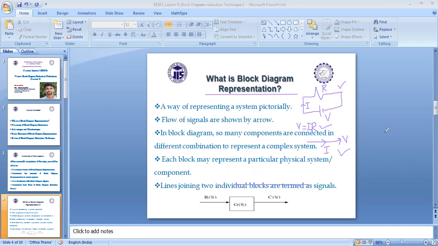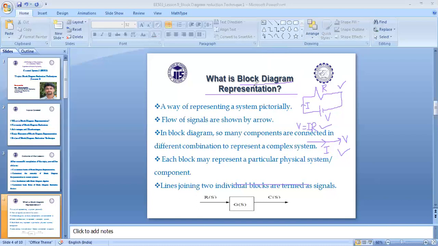Now all these methods are used to represent a particular physical system. Block diagram representation is one way of representing a physical system. In control system analysis, block diagram representation is an effective tool or effective way of system representation.